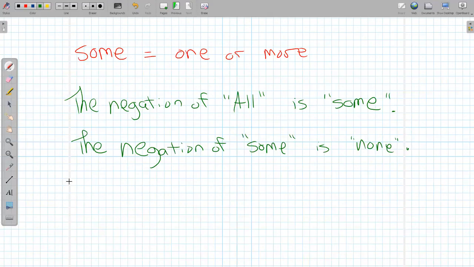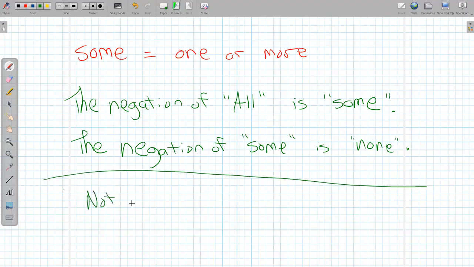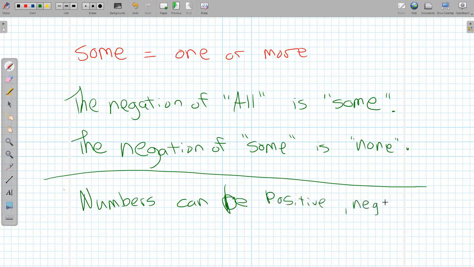So with that previous example, not positive. This way, numbers can be positive, negative, or 0.